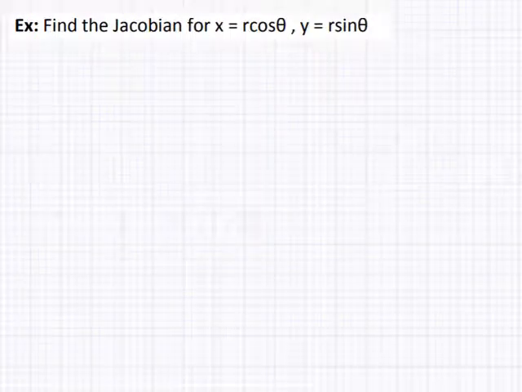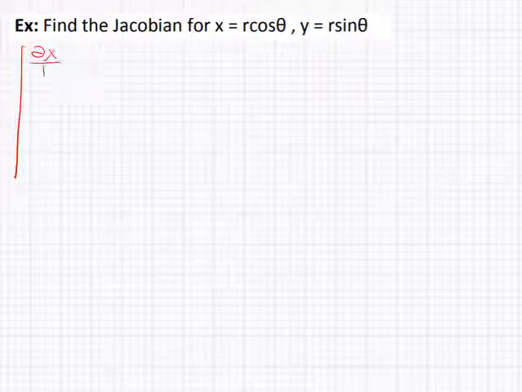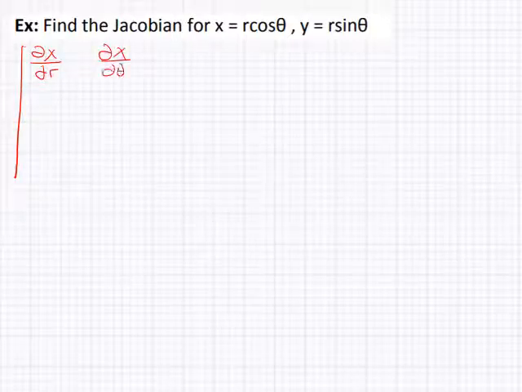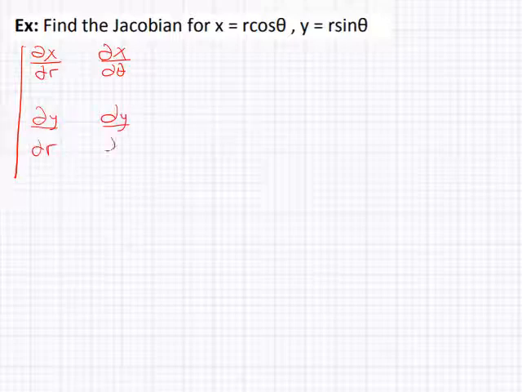So let's calculate the Jacobian for polar. We know the answer is going to be r, but let's see it in action. So we have the partial derivative of x with respect to r, the partial derivative of x with respect to theta, the partial derivative of y with respect to r, and the partial derivative of y with respect to theta.